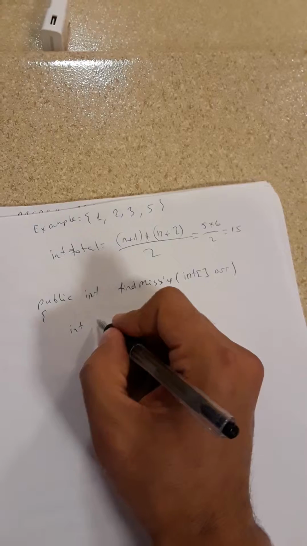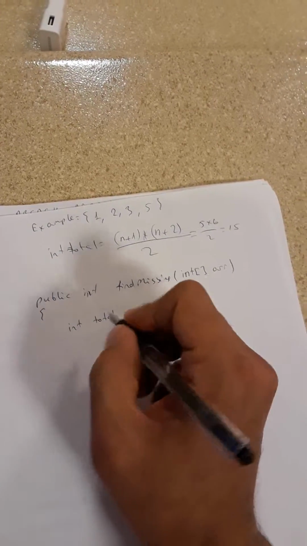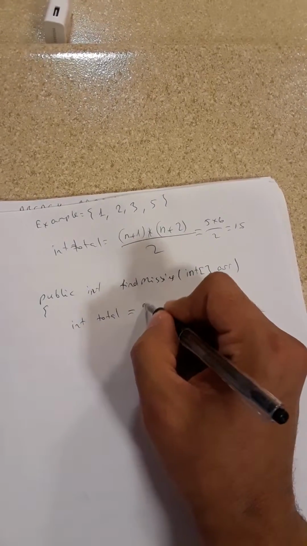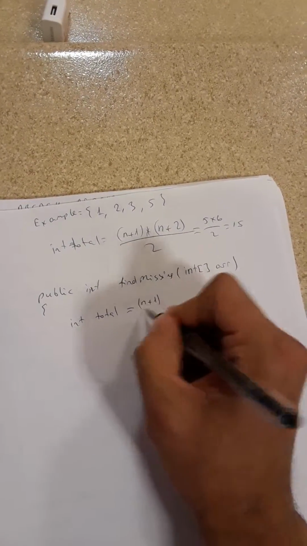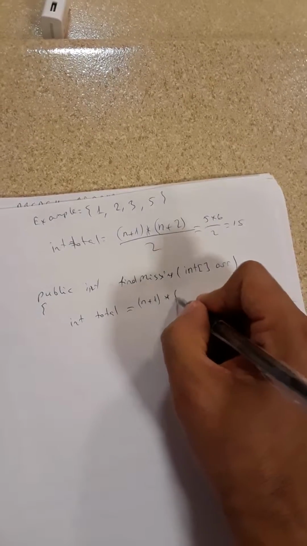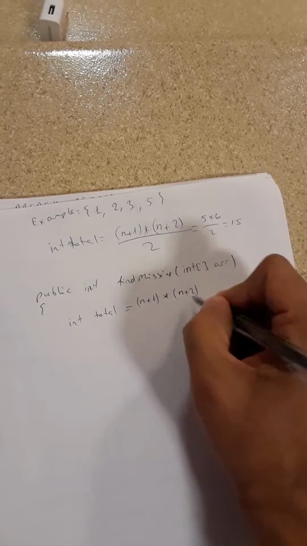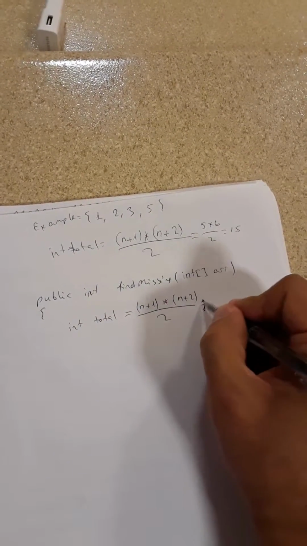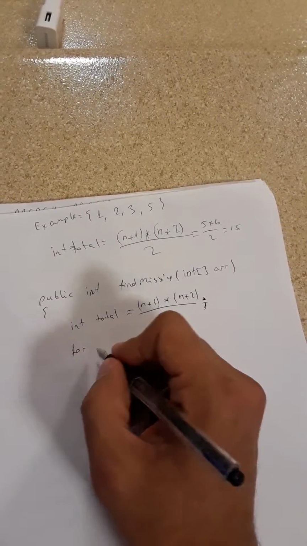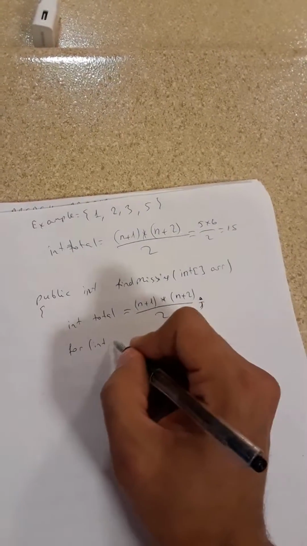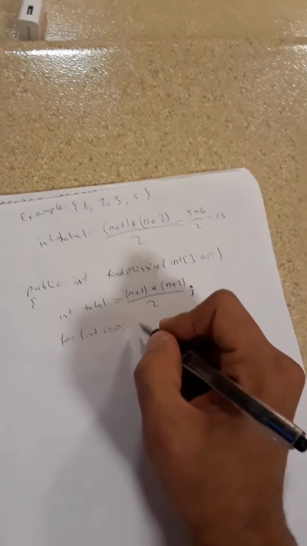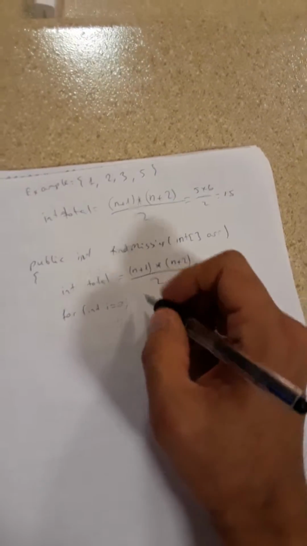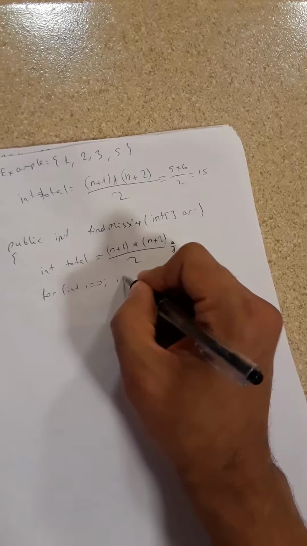At the top I will define the variable total, which will calculate the number that should be. And at the bottom I will use a for loop, go through the array and calculate the actual sum of the numbers in the array.